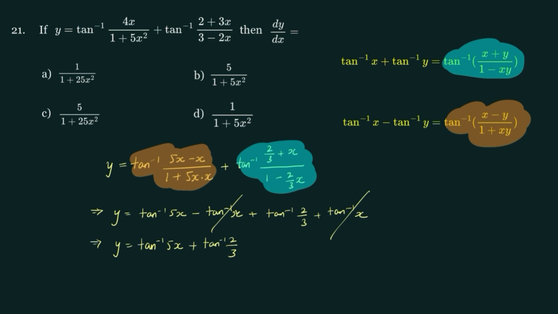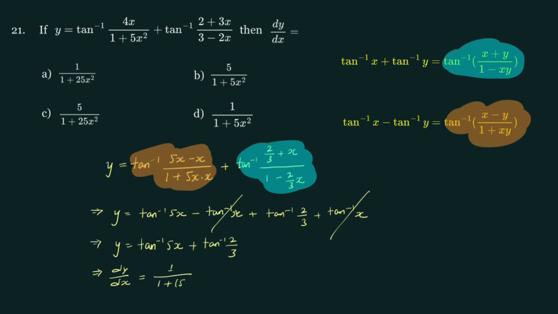So we have not started differentiating till now. We just simplified the given equation. Now we will differentiate both sides with respect to x. Then we will have dy over dx equals d/dx of tan inverse of x is 1 by 1 plus x square.